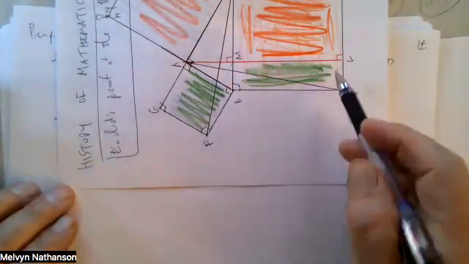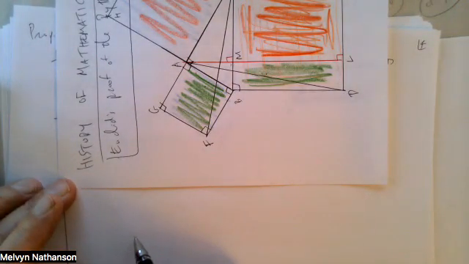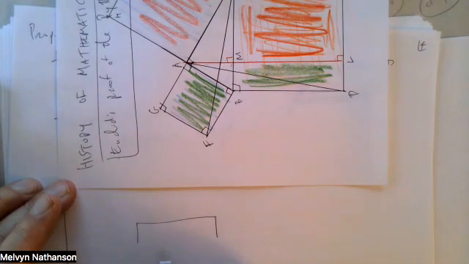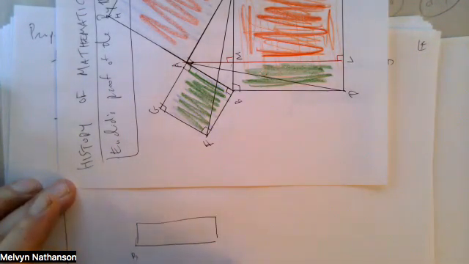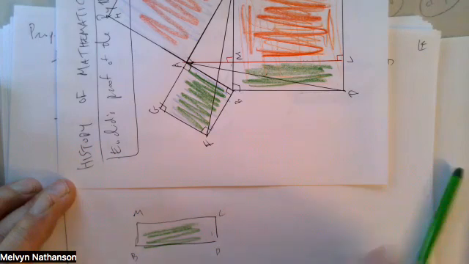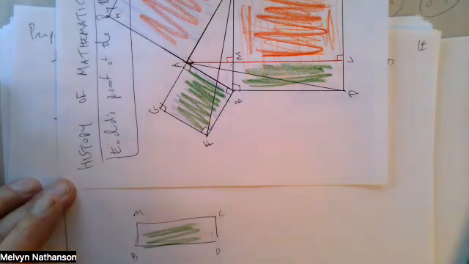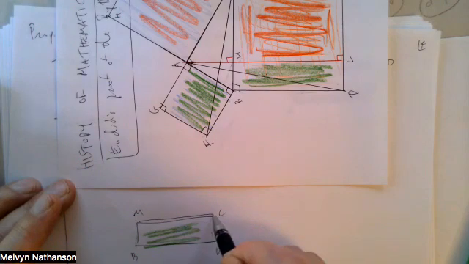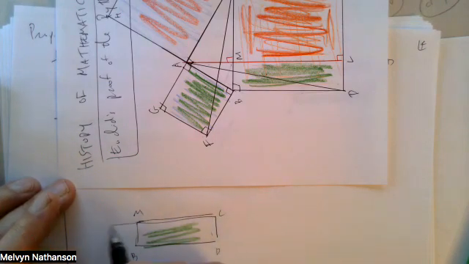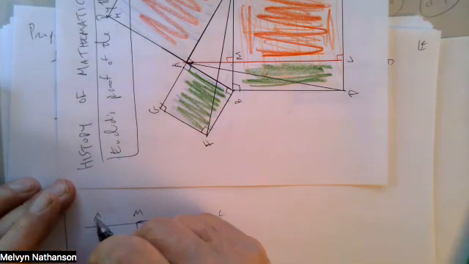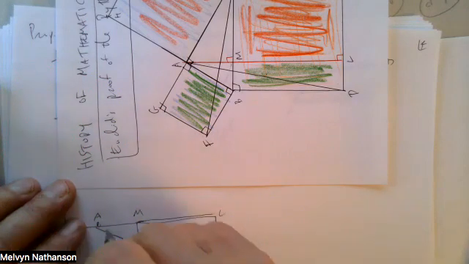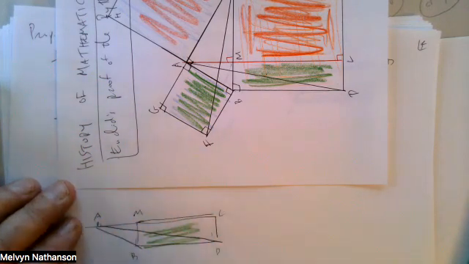So here is the triangle, here is the rectangle BDLM. That's this green rectangle. And I take this line ML, which is parallel to BD, and extend it. And on that line is this point A. So I also have the triangle ABD.